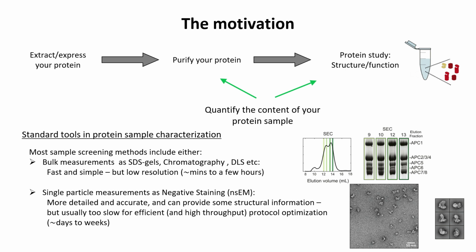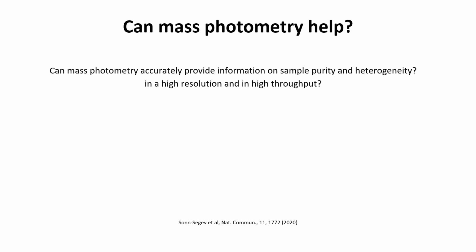So is it possible to have a tool that will be both high resolution and high throughput? We ask, basically, can mass photometry accurately provide information on sample purity and heterogeneity in high resolution and high throughput? And of course, the answer is yes.